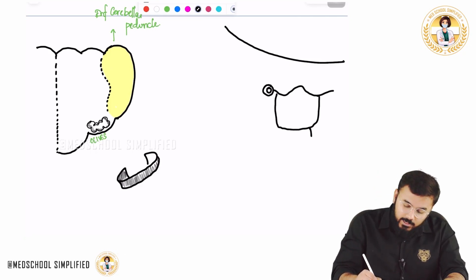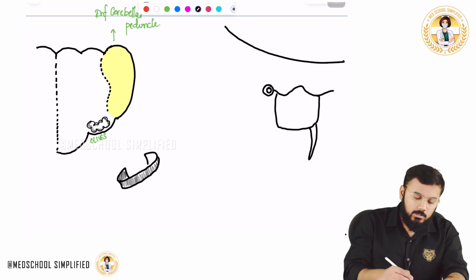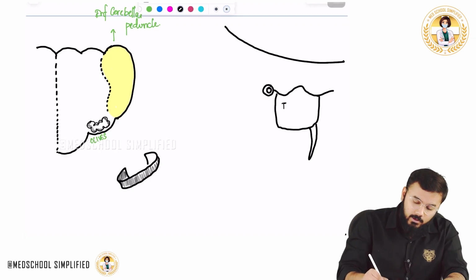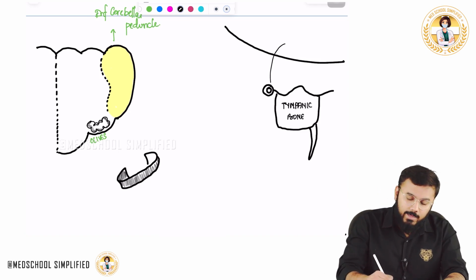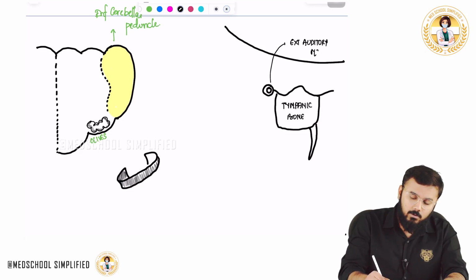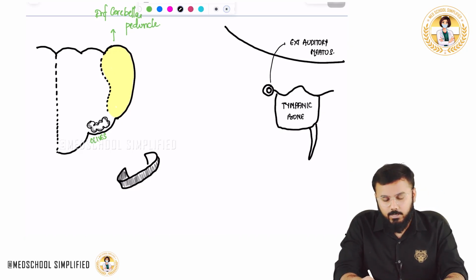Beneath the tympanic bone you have a process called the styloid process. This bone is the tympanic bone, and this structure is the external auditory meatus.